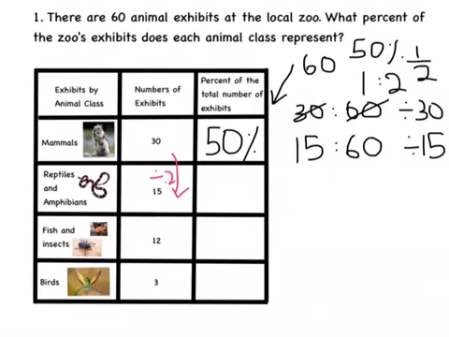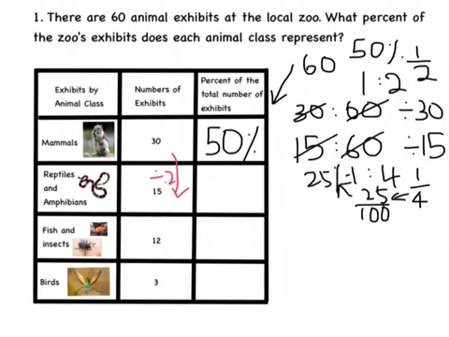Or you could just look at it and divide it by 3 and then 5 again, or whichever you like, okay? And so if we divide by 15, it's 1 to 4. And this is 1/4, which is equivalent to 25 hundredths, and which is equivalent to 25%. Yes, we got it right.